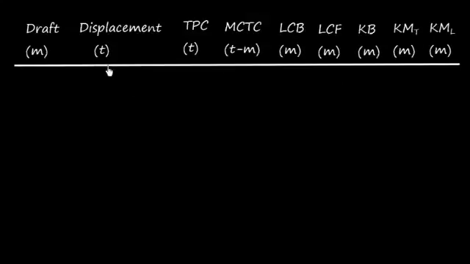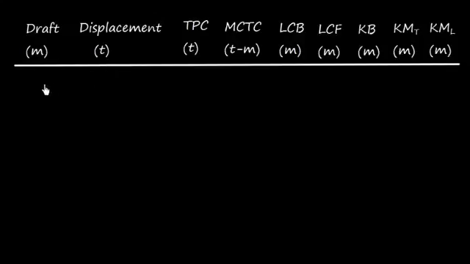The hydrostatic draft is the draft at the center of flotation, and this is very important because all the hydrostatic particulars like displacement, TPC, that is tons per centimeter, MCTC, that is moment to change the trim by 1 centimeter, LCB, longitudinal center of buoyancy, LCF, longitudinal center of flotation, KB, that is center of buoyancy from keel, and KM, that is metacenter, transverse metacenter, and this one longitudinal metacenter.